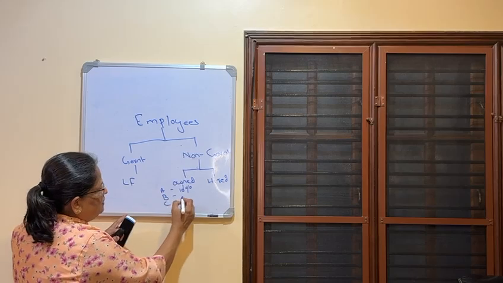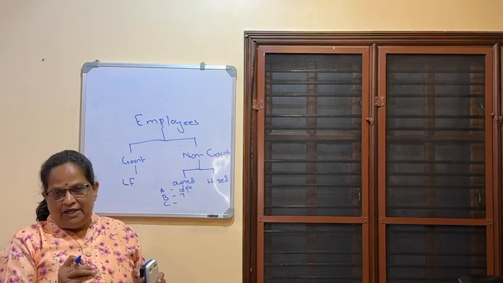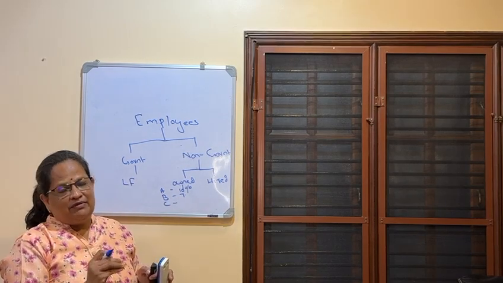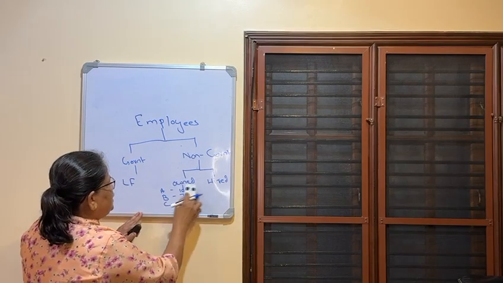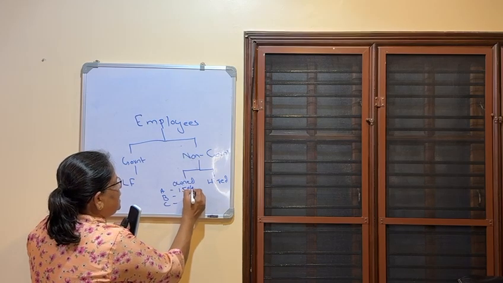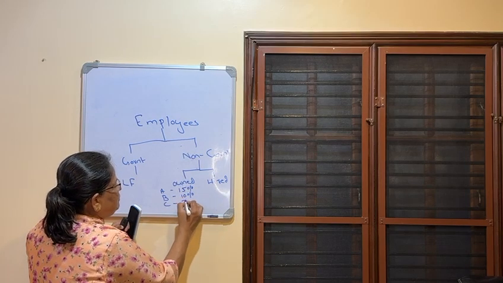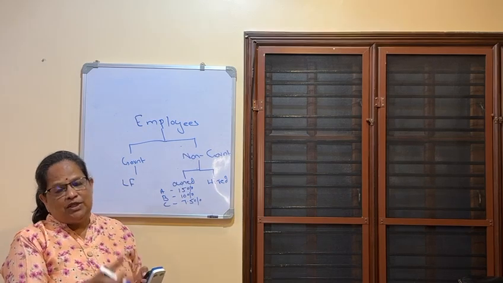So here it is 10%. Here it is if population is exceeding 15 lakhs but less than 25 lakhs, then this is 15%. First is 15%, 10% and 7.5%. These rates will change for the new rule.